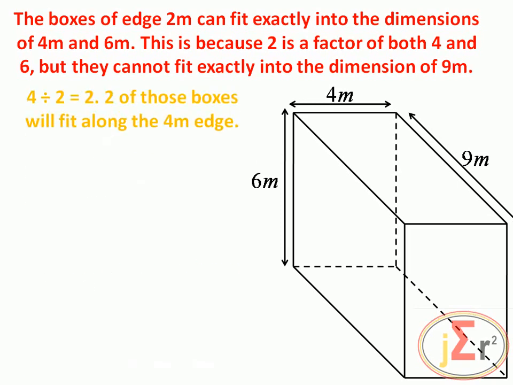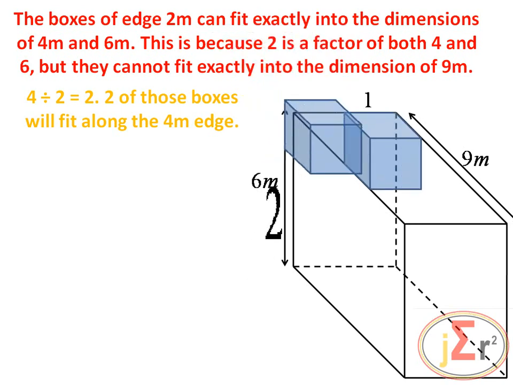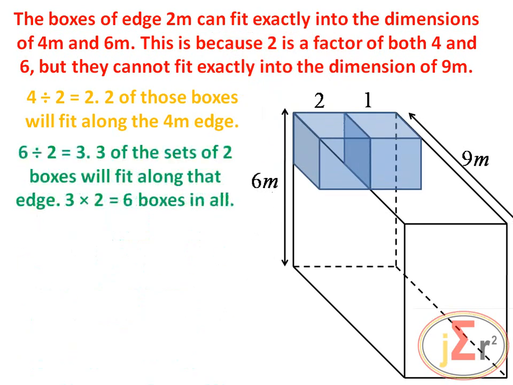So 4 divided by 2 will give us 2. So 2 of those boxes will fit into this dimension. Six divided by 2 is equal to 3. So 3 of the sets of 2 boxes will fit along that edge.